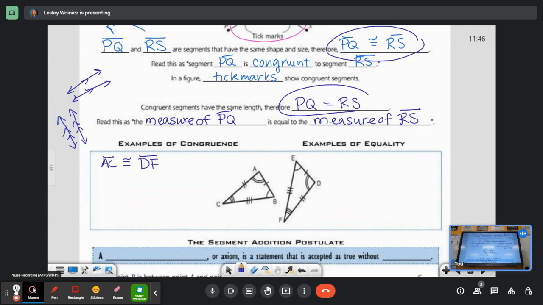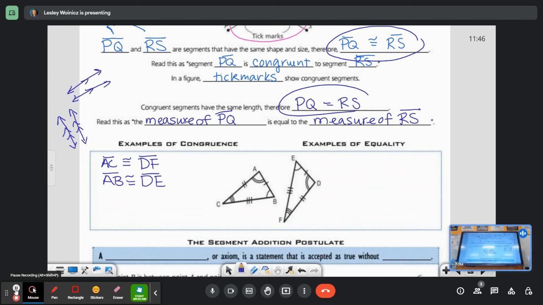I think you can do it. Match them up. What's congruent to segment AB? Hopefully you said DE. And then of course, BC is congruent to EF.